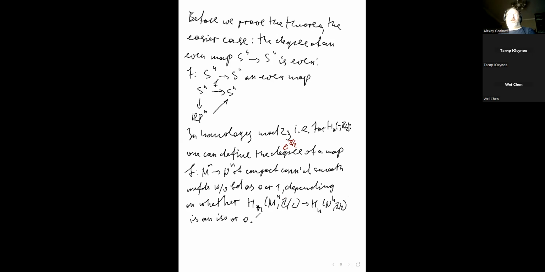Depending on whether the map of the top dimensional homology is an isomorphism or not, the degree is defined to be 1 or 0. And this time, the manifolds are not assumed to be oriented or orientable.